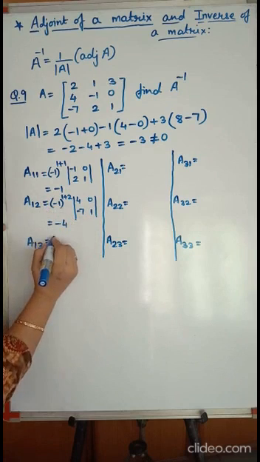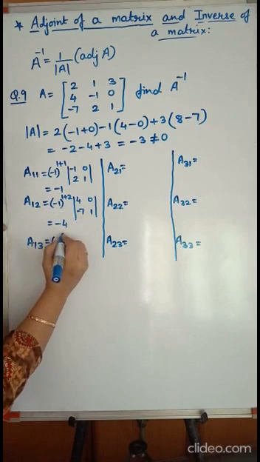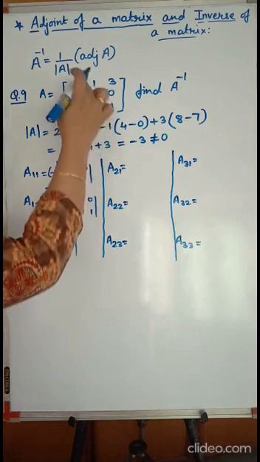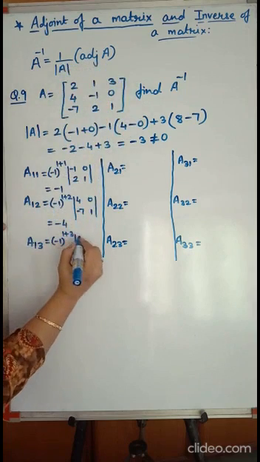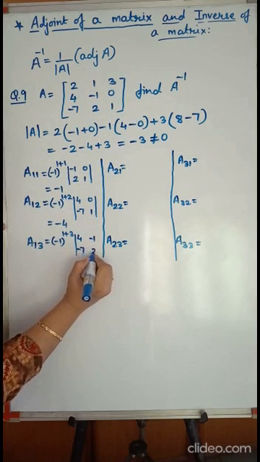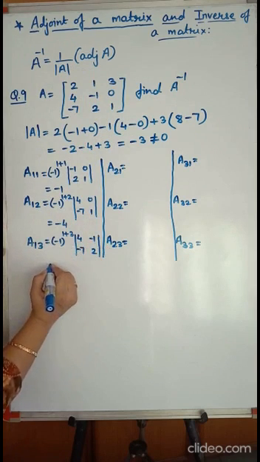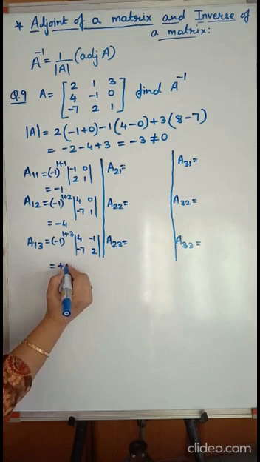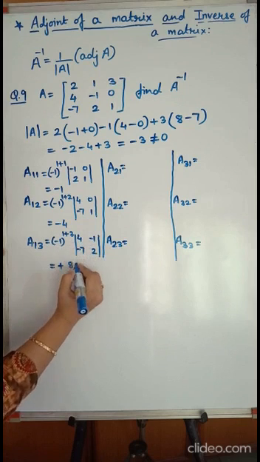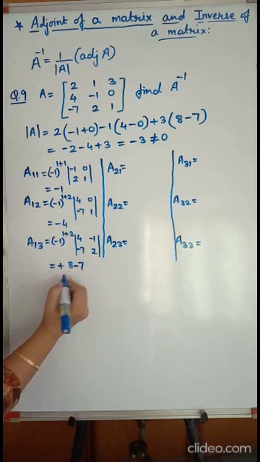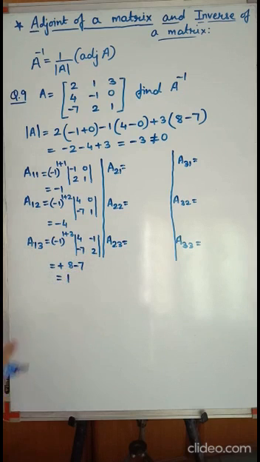It's 1 plus 3. And you remove this 2, you get 4, minus 1, minus 7 and 2. So this is minus 1, so plus. And here what you get, 4 2s are 8. And here minus minus, you will get plus. Sorry, we'll get minus 7.